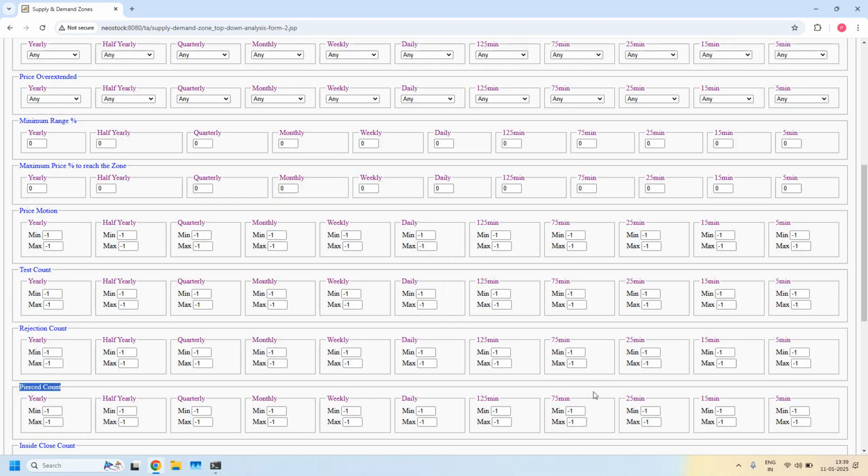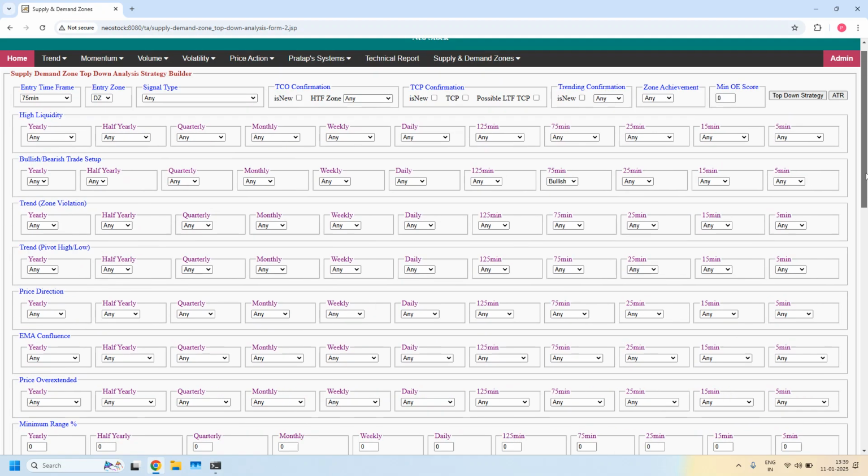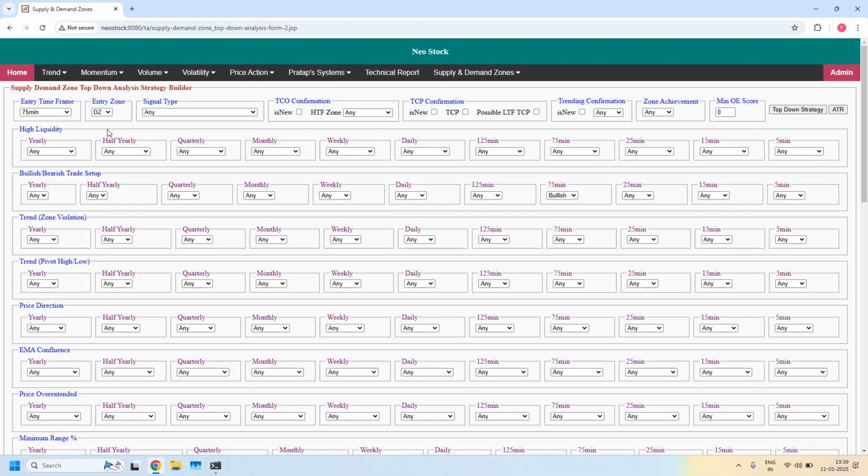In this parameter at entry time frame 75 minutes, I am setting minimum value 0, maximum value 0. That means pierced count should be 0. Pierced count 0 means the zone is not pierced. Which zone? The 75 minutes demand zone, because this filter is applied to the 75 minutes demand zone.